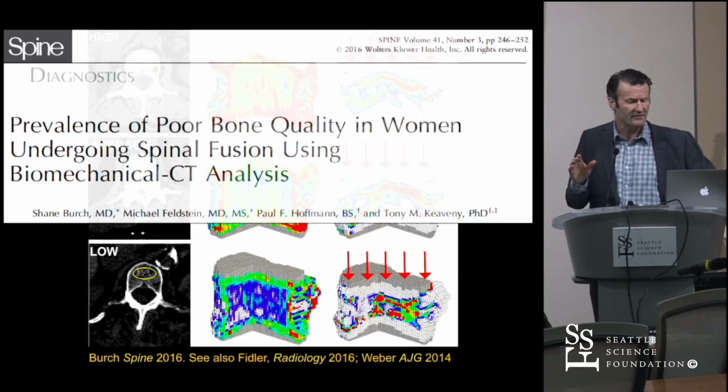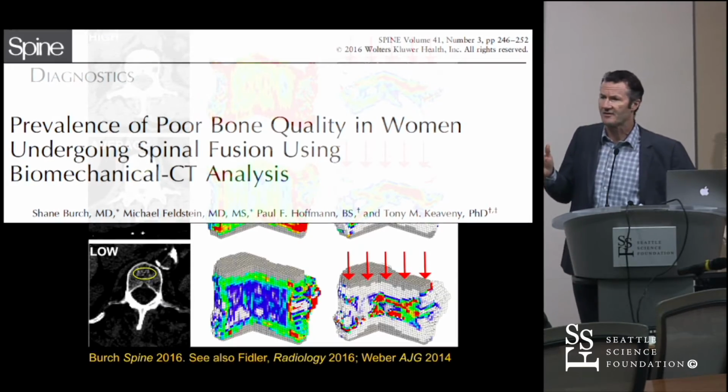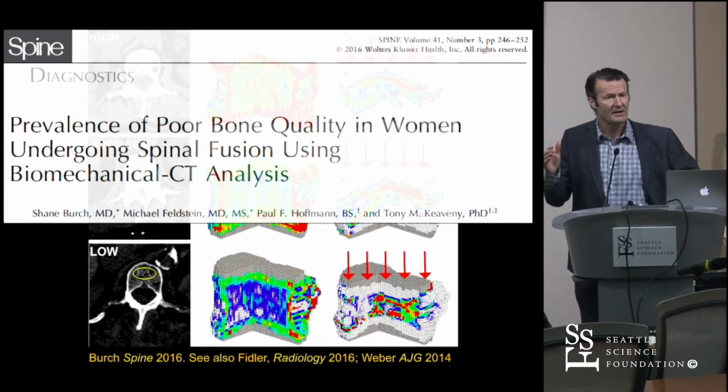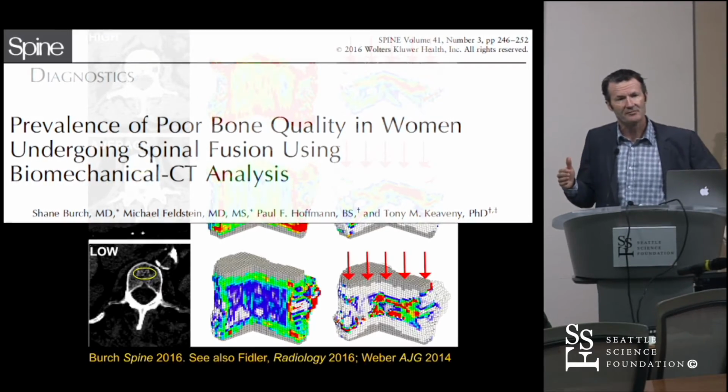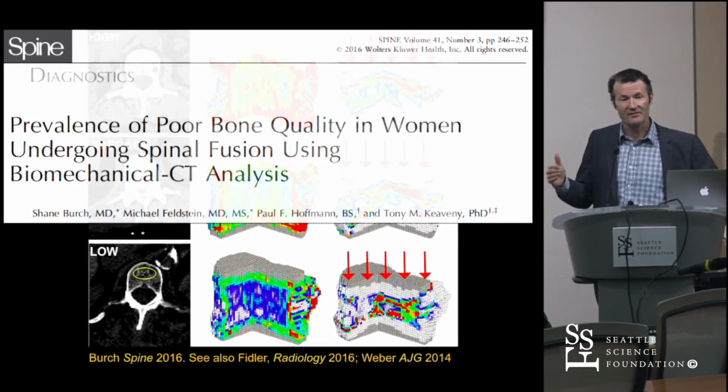I'm not showing you the data for that, but we've done head-to-head comparisons against DEXA, and you get the same BMD for the hip, for example, as you get from DEXA. And we've done the head-to-head comparisons against quantitative CT with the phantom, and you get almost identical results.